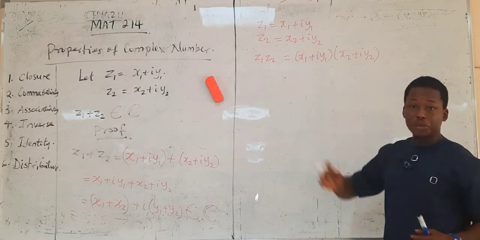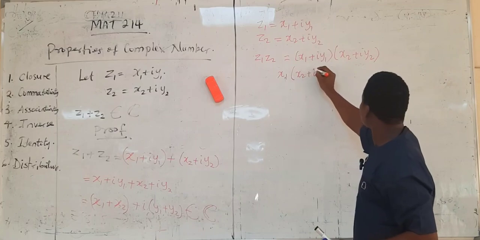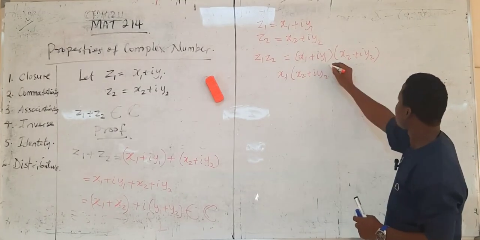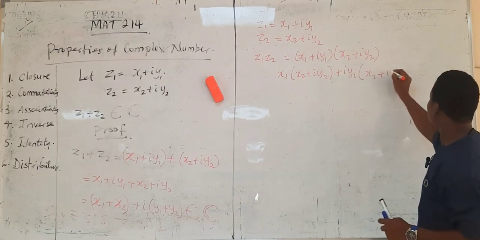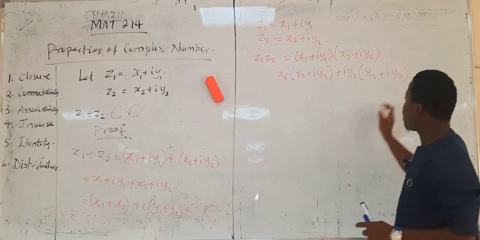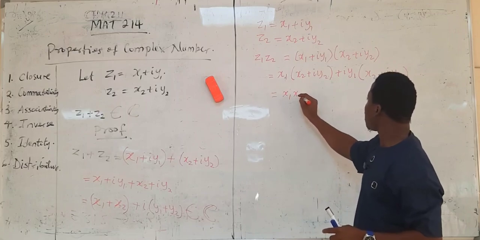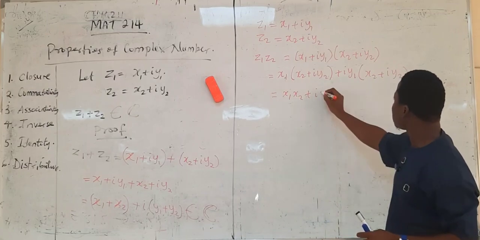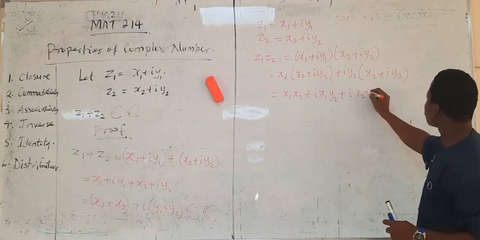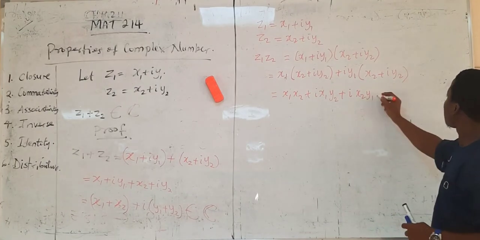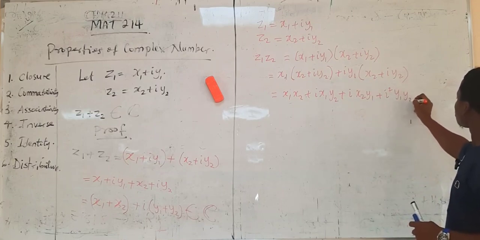Now, when we open the bracket by expansion, we have x1(x2 plus iy2) plus iy1(x2 plus iy2). So by expansion, we have x1x2 plus ix1y2 plus ix2y1, then plus i squared y1y2.